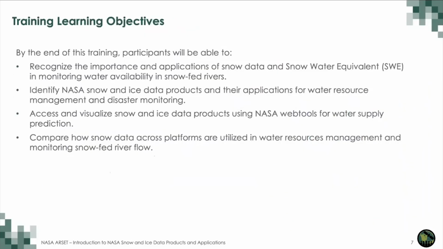With that, the overall training learning objectives are that by the end of this training, participants will be able to recognize the importance and applications of snow data and snow water equivalent, or SWE, in monitoring water availability in snow-fed rivers, identify NASA snow and ice data products and their applications for water resource management and disaster monitoring, access and visualize snow and ice data products using NASA web tools for water supply prediction, and compare how snow data across platforms are utilized in water resources management and monitoring snow-fed river flow.